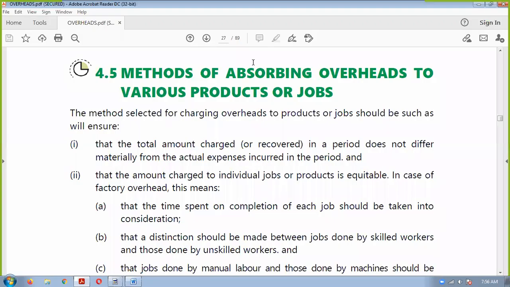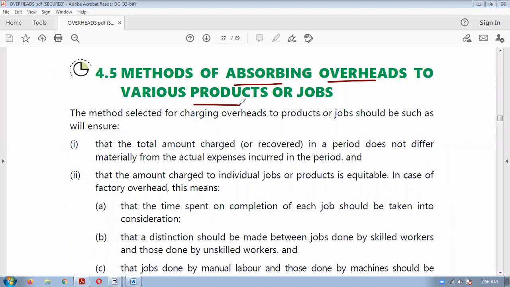The method of absorbing, that is charging overheads to various products. We know that overhead means what? Common expenditure. So we will have to charge this common expenditure to different products.